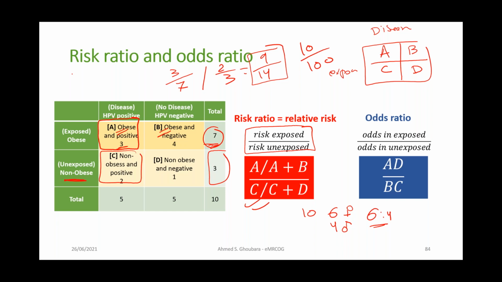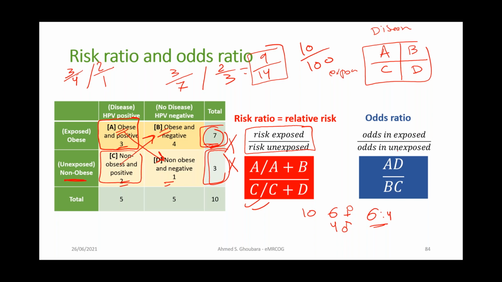So divide 3 by 4, all divided by 2 by 1. So there are no totals in the odds ratio. Simply, it's AD, A multiplied by D, divided by C multiplied by B. AD over BC. Okay, this is the odds ratio.